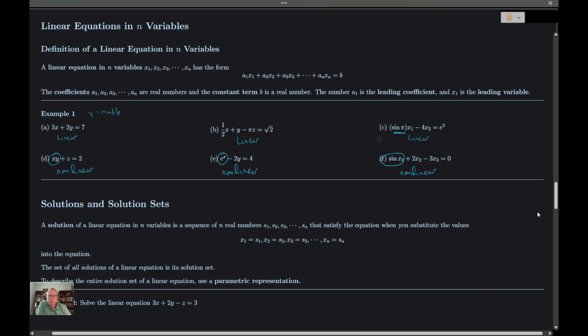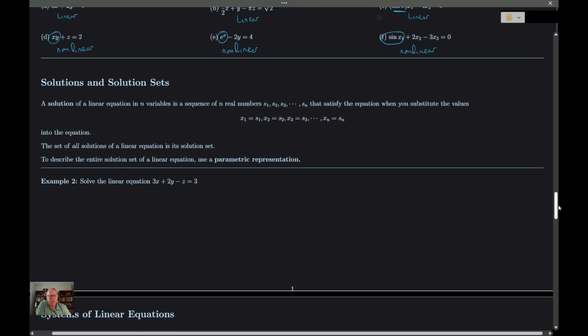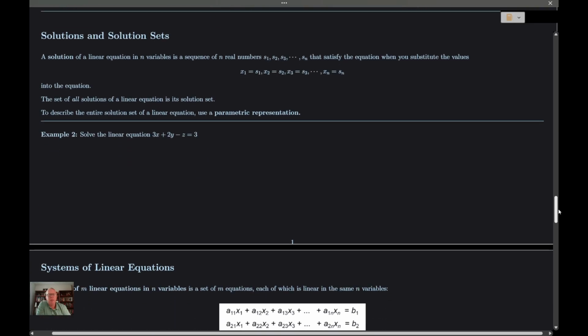All right. Solutions and solution sets. So again, this is something you would have seen in algebra class, but we'll go over this quickly. A solution of a linear equation in n variables is a sequence of n real numbers. So in other words, if n is 2, this is an ordered pair.